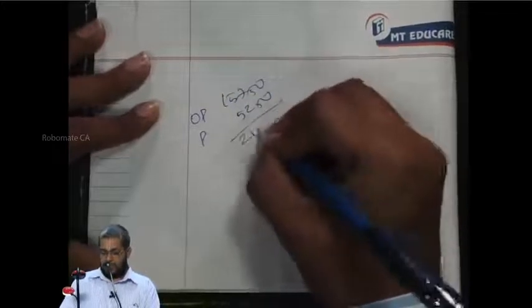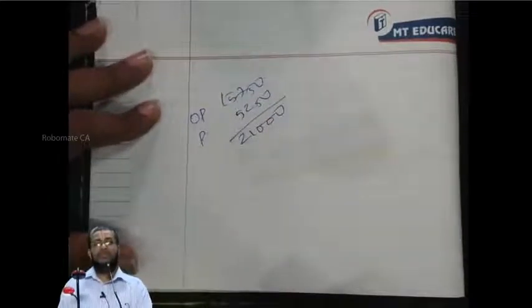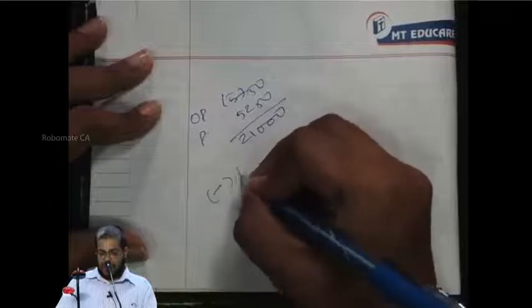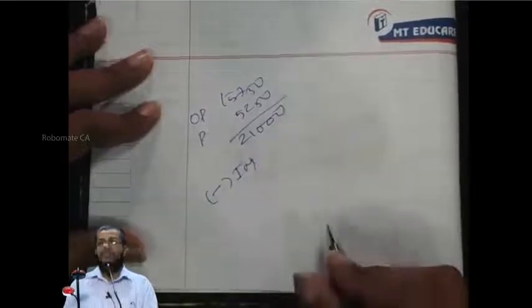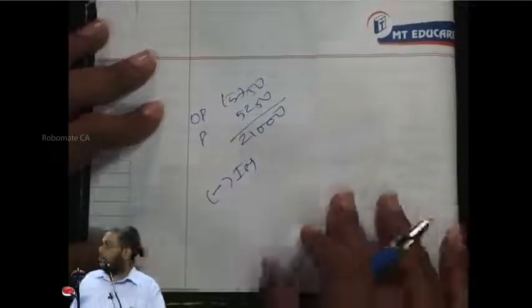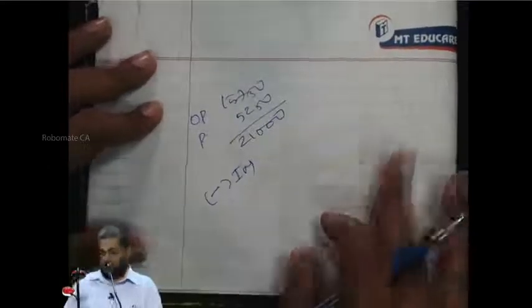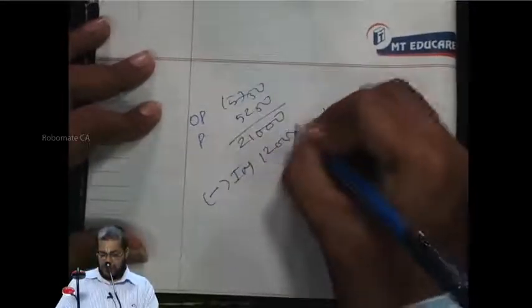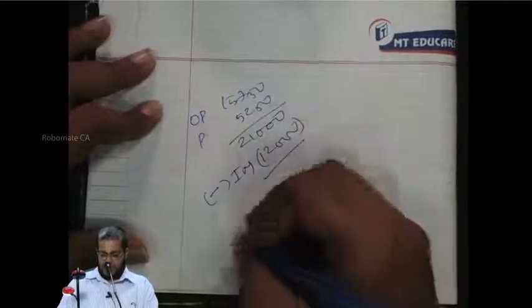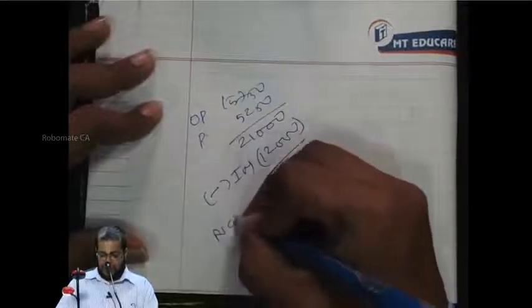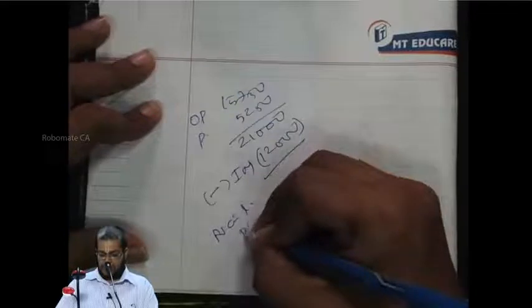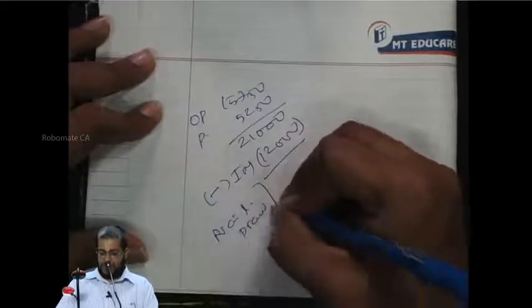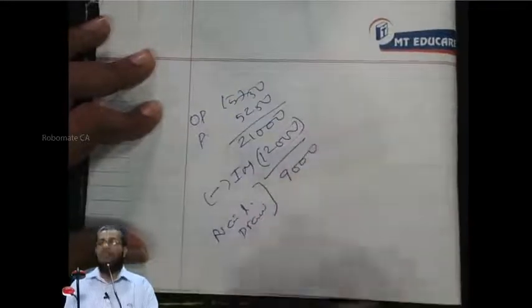What is the total? 21,000. Minus initial margin. Tell me the initial margin amount. 12,000. Available for withdrawal: how much? 9,000.